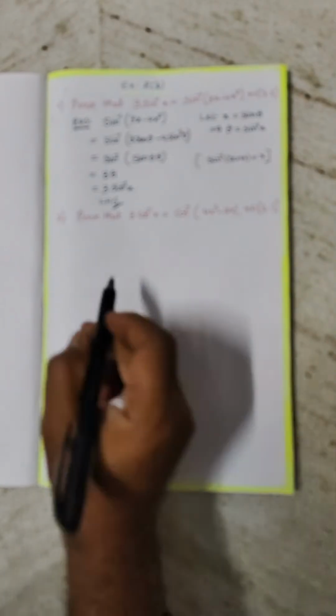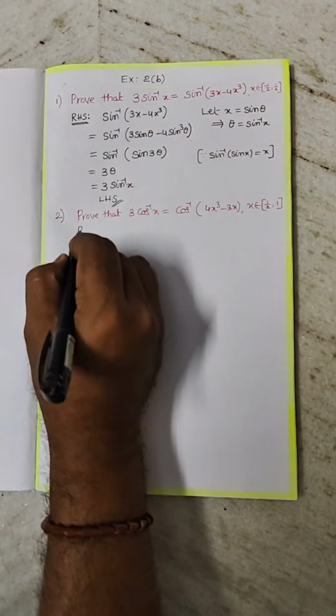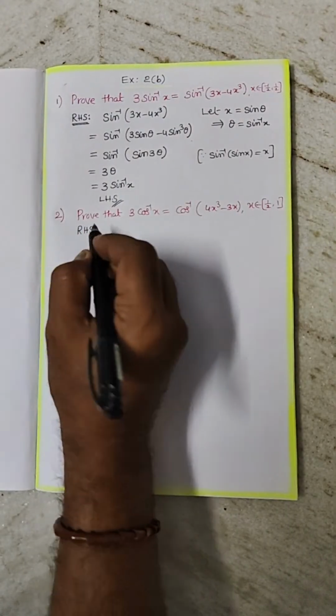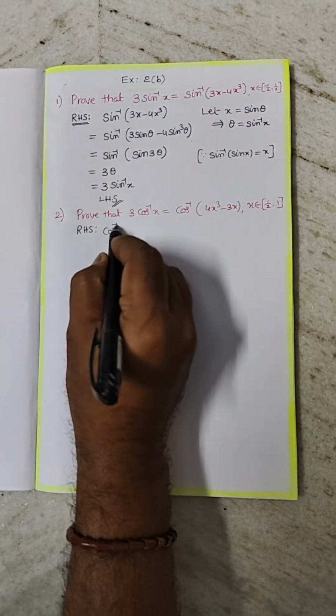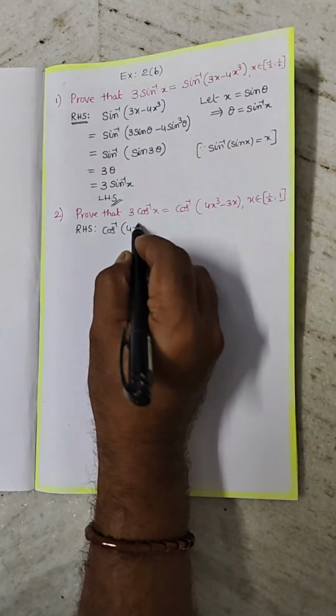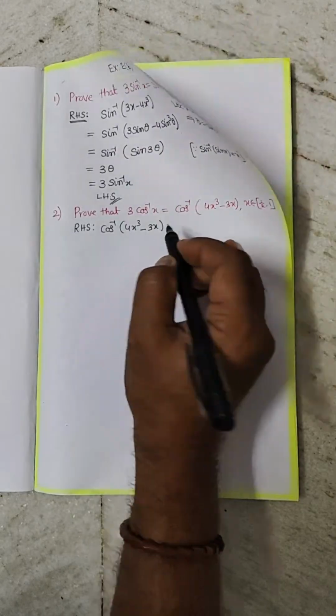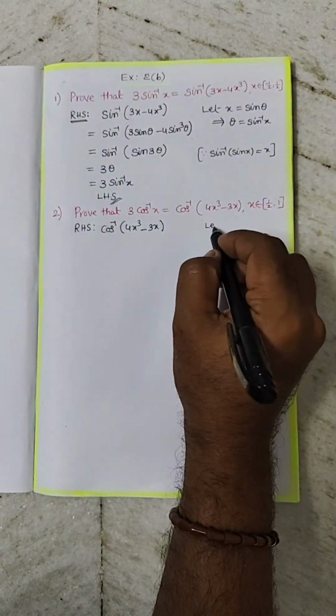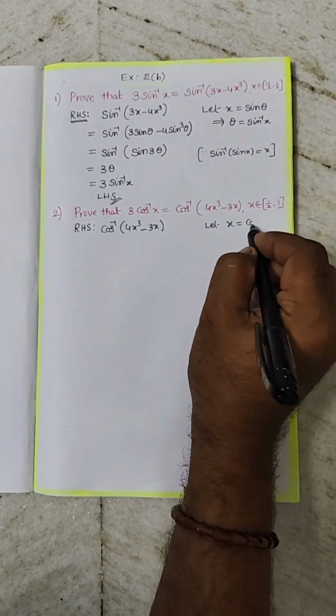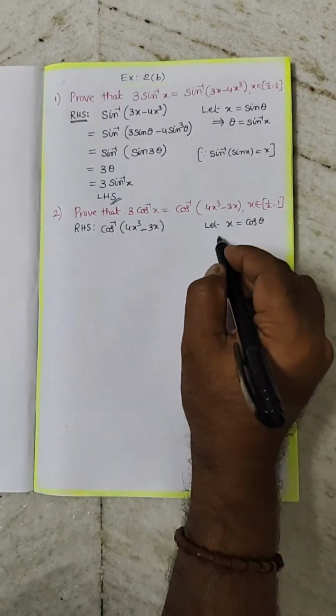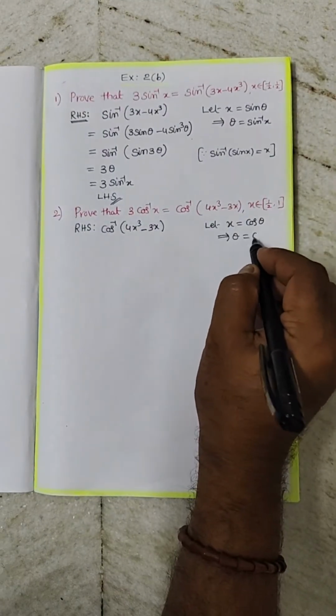Even this, we are going to start with the same RHS. Cos inverse of 4x cube minus 3x. Let x equal cos theta. That implies theta equals cos inverse of x.